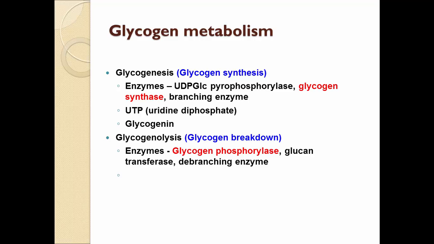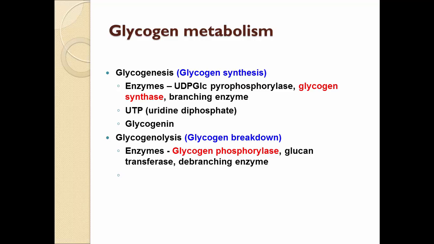And the second pathway is glycogenolysis, also the glycogen breakdown. So I just like to call it glycogen breakdown, so that it makes it a bit easier to understand, right? Since it's the breakdown. And the enzymes in this pathway are glycogen phosphorylase and glucan transferase and debranching enzyme.